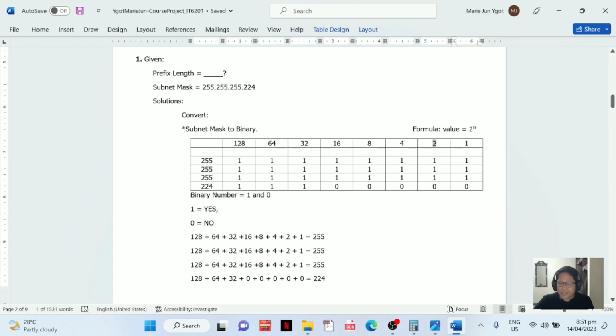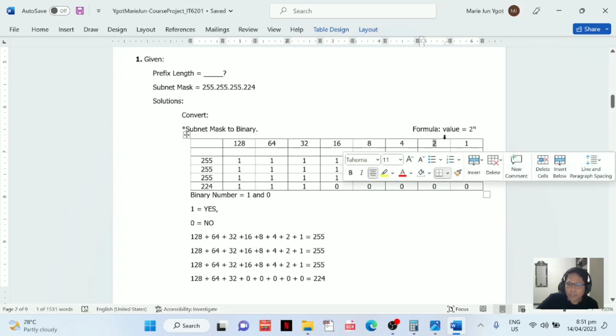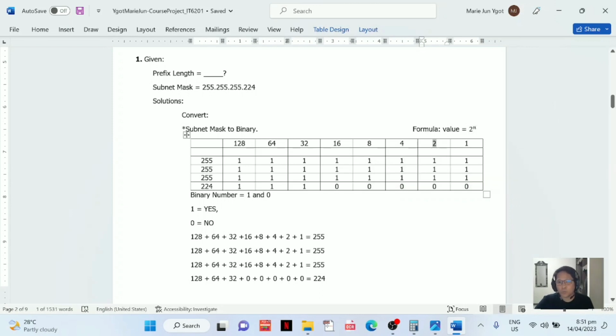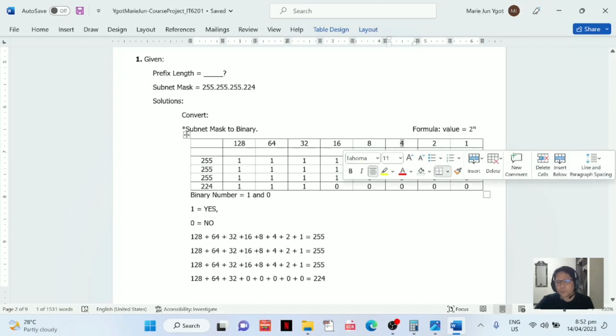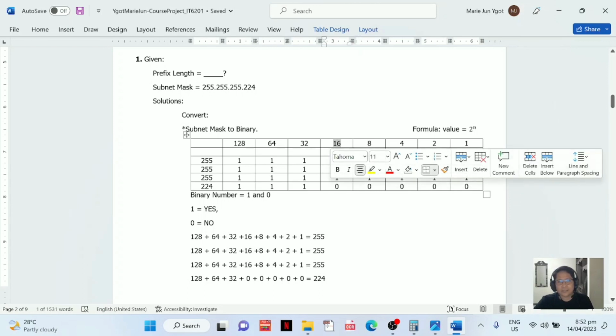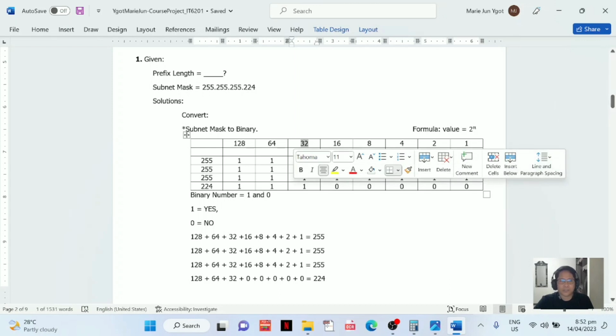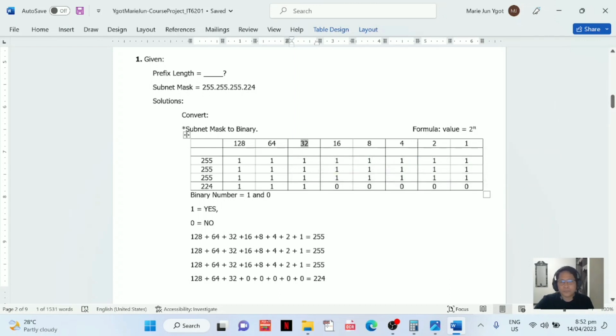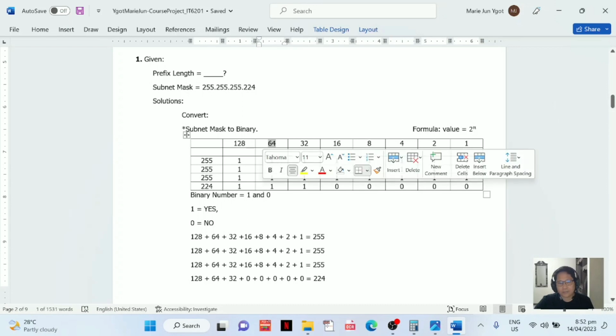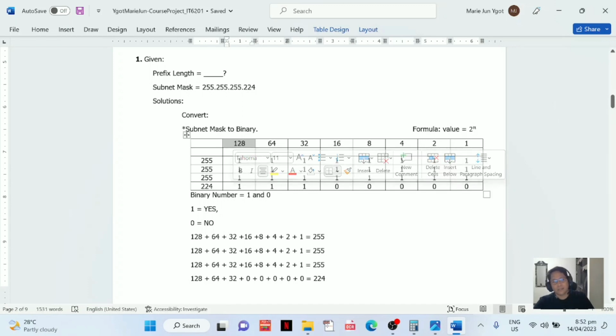To get the next one, 2 to the power of 1 is equal to 2. 2 to the power of 2 is 4. 2 to the power of 3 is 8. 2 to the power of 4 is 16. 2 to the power of 5 is 32. 2 to the power of 6 is 64. And 2 to the power of 7 is 128.